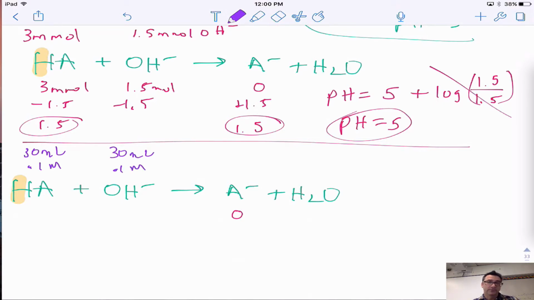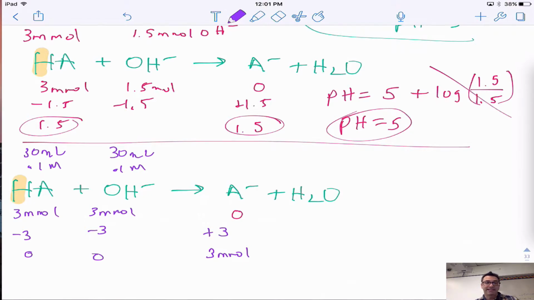Well, now we know from the first part, where we figured out how much base you would have to add to reach the equivalence point, that we're at the equivalence point. And so we have 3 millimoles of each one and 0 of the A minus. So now they're going to completely react. -3, -3, +3. And at this point here, we don't have any of these left, and we have 3 millimoles of our A minus.